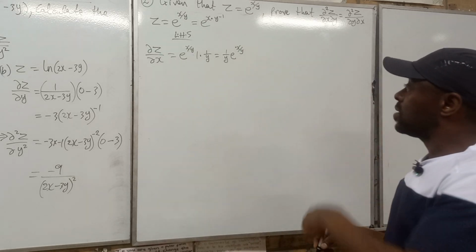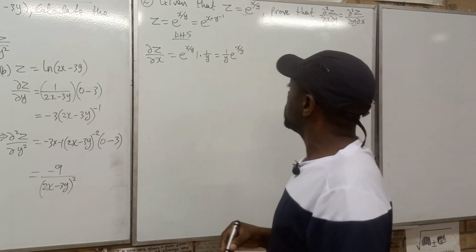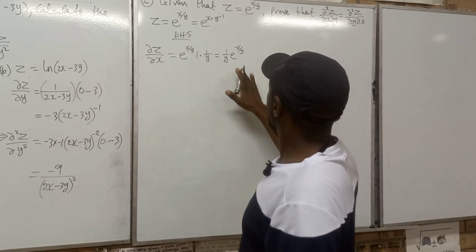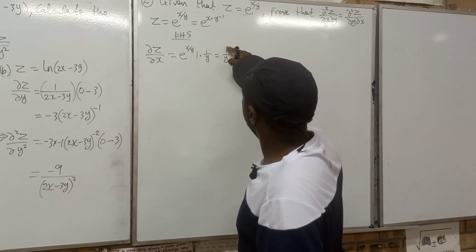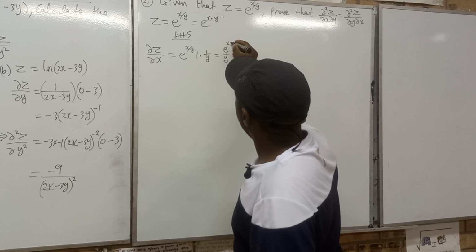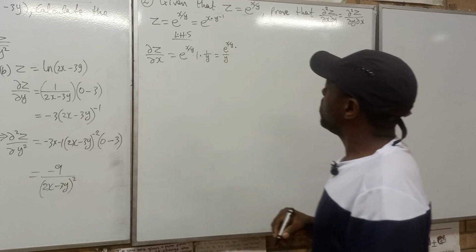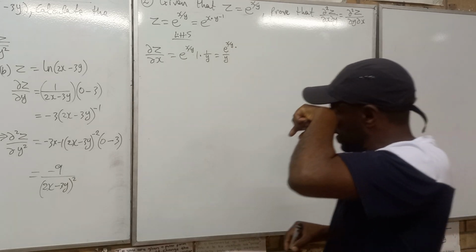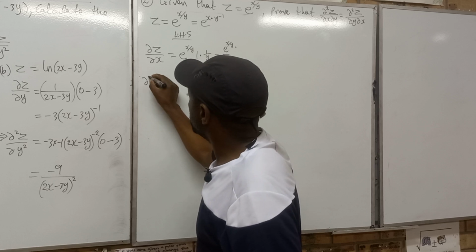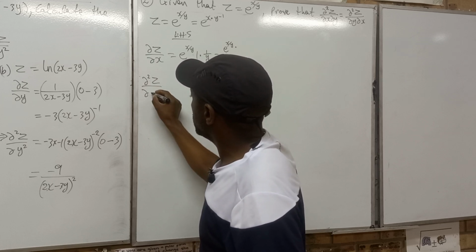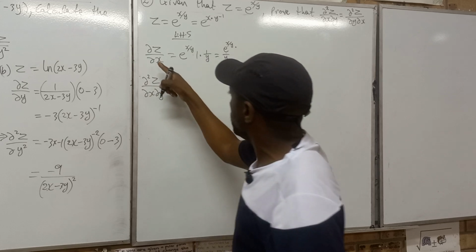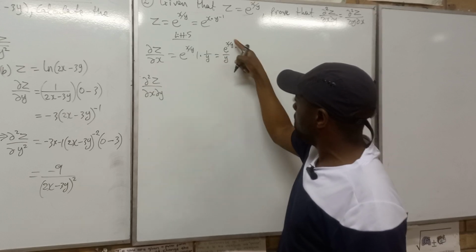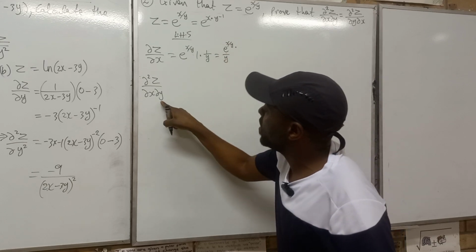So that is what I get, which can also be captured as a fraction. So let me rather capture it as a fraction, e to the power x over y divided by y. That way, I'm now going to the second derivative. And what am I doing here? I'm now differentiating the answer of the first derivative with respect to y.